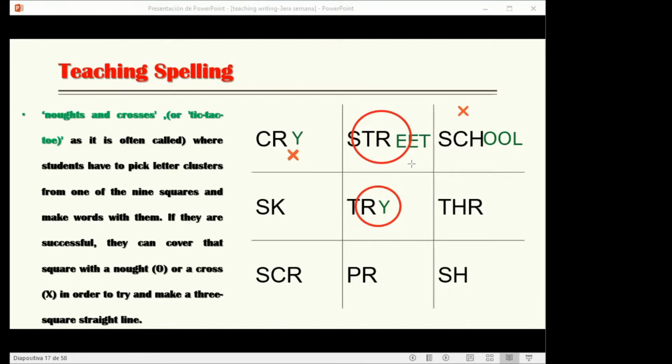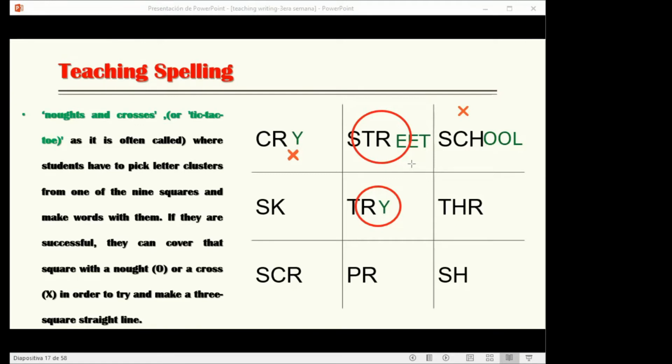For example, I played this a long time ago with irregular past tense. I say, you're going to play tic-tac-toe with irregulars. Start writing. You don't have to repeat the same verb. You need to write different verbs. So the student starts and writes thought, and the other student is going to check.